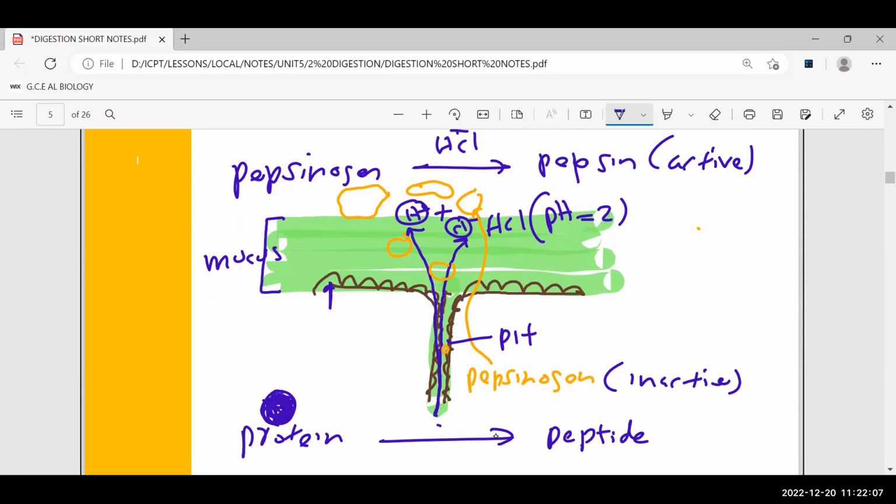We learned the primary, secondary, and tertiary structure of proteins. Most of the proteins exist in the tertiary structure. Then these proteins are broken into polypeptides, long chains, fragments of chains, which are peptides. So we could just write polypeptide, fragments of polypeptide.